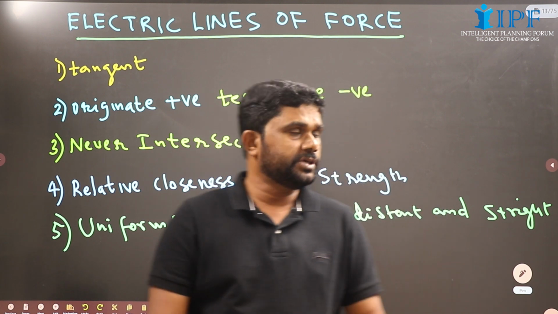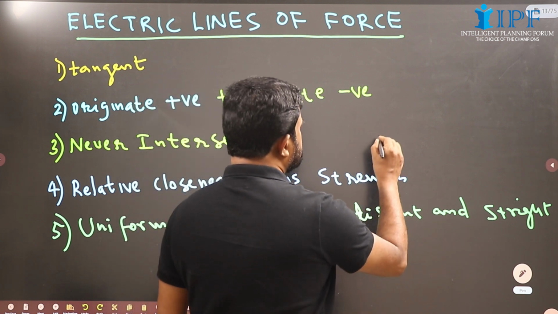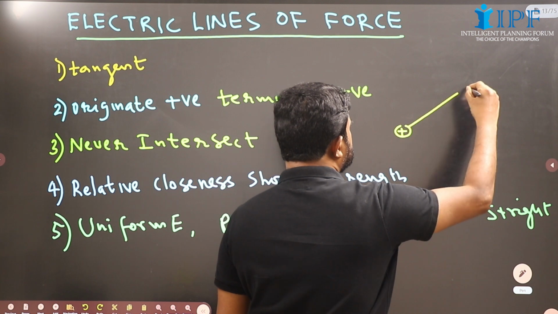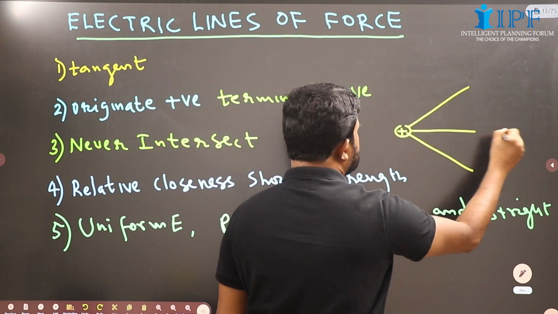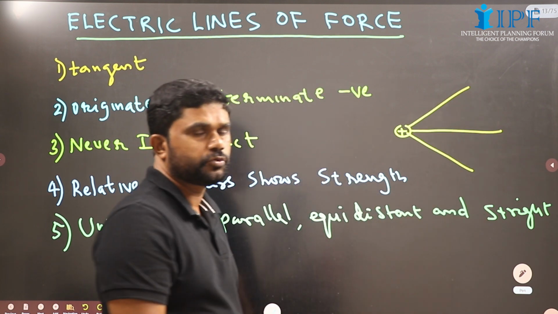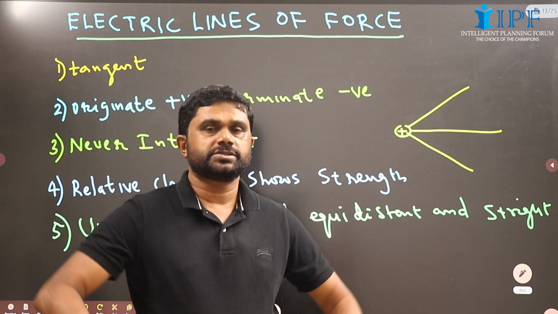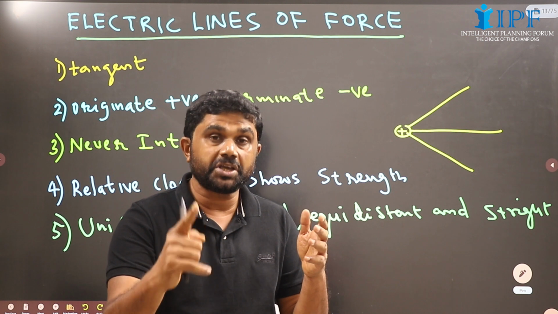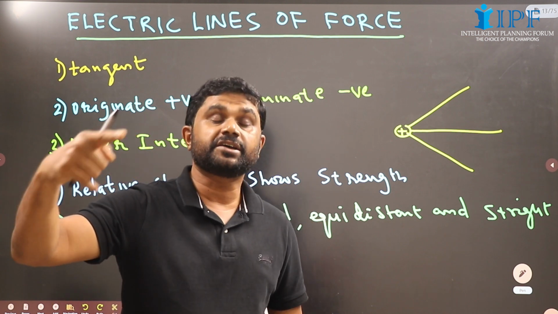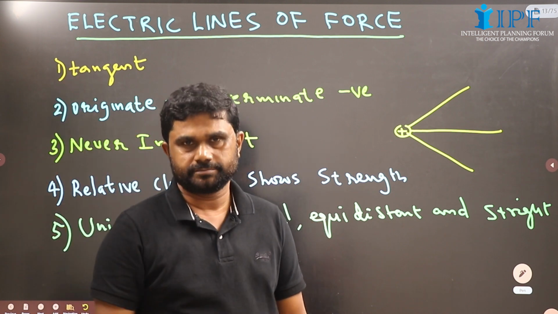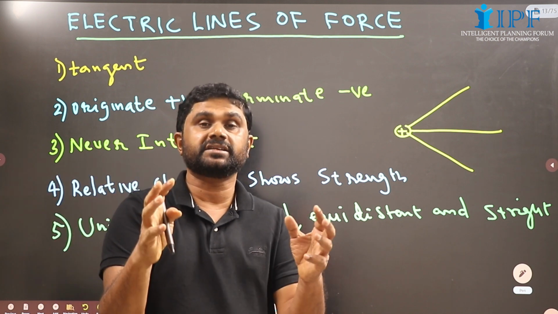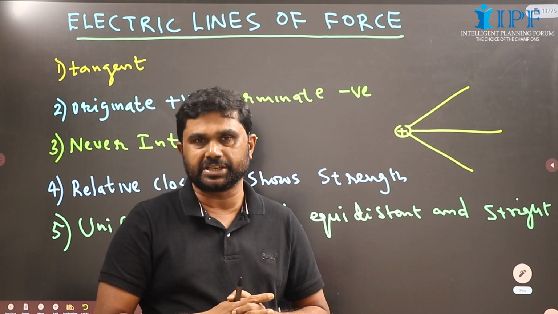Now let us take a positive charge and consider the lines of force originating from this charge. You may be knowing that as the distance from the point charge increases, the field will become weaker, or the intensity of electric field goes on decreasing as the distance from the point charge increases.